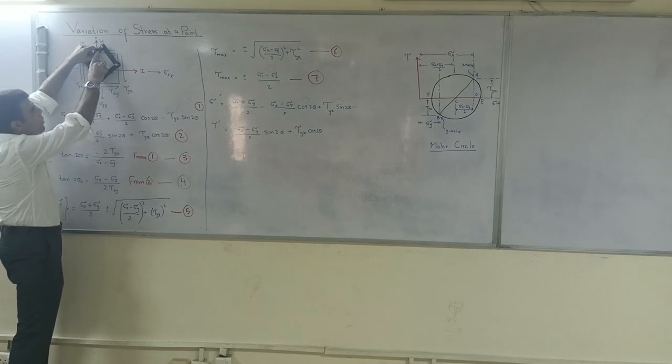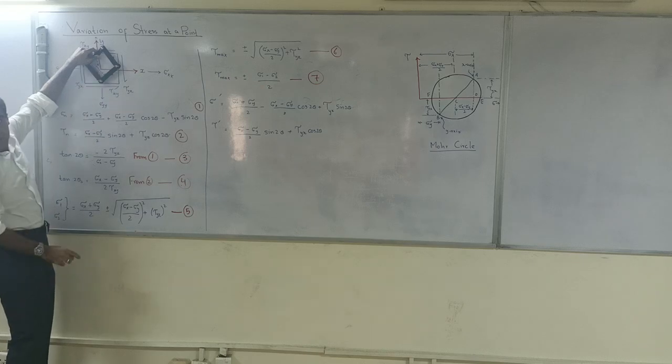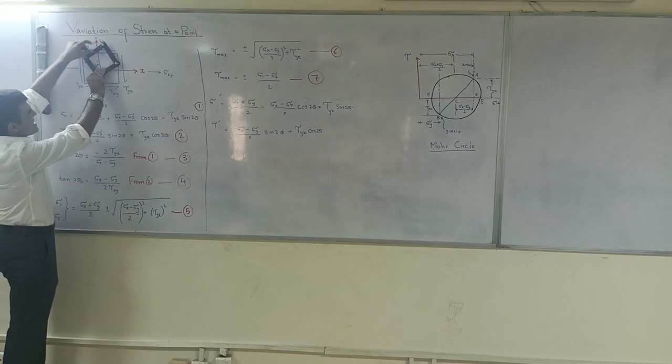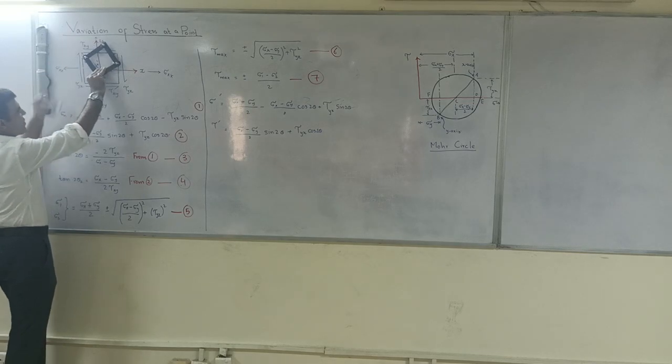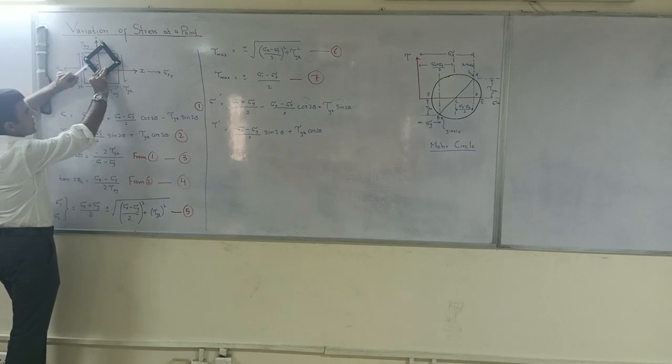This is theta. What will be this angle for this one? This is 90 degrees. So if I want to find out the stress for this face, how can I find it out? Remember, this is this one, and I want to find it for this one.